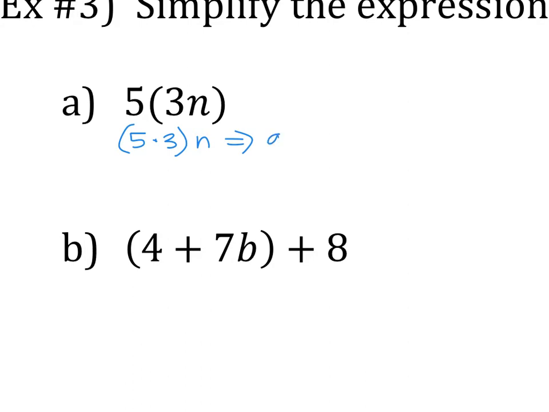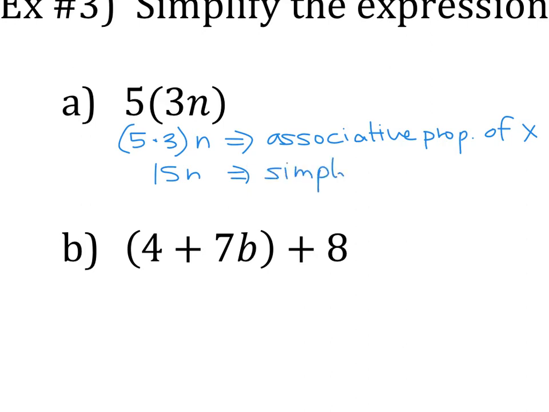Associative property of multiplication. Okay, so that's the associative property of multiplication. So let's simplify. What's 5 times 3? 15 times n. And we say our reason for that is just we simplified. Okay, and we're done.